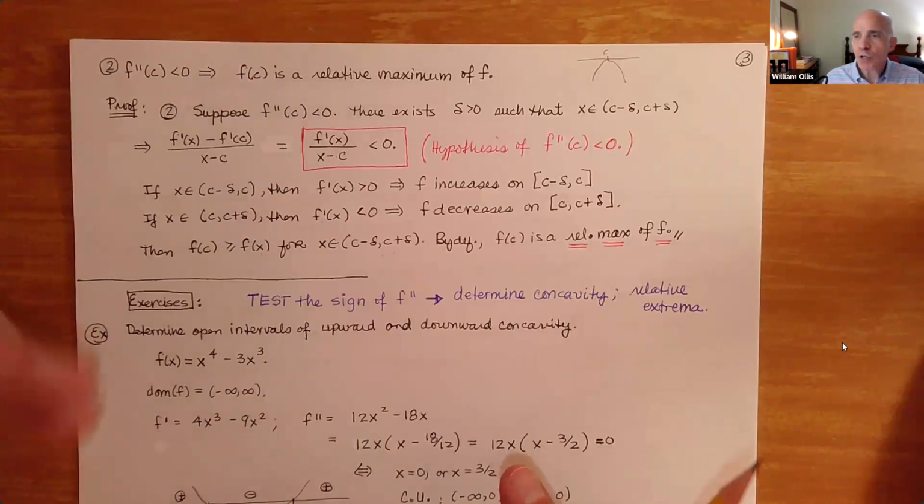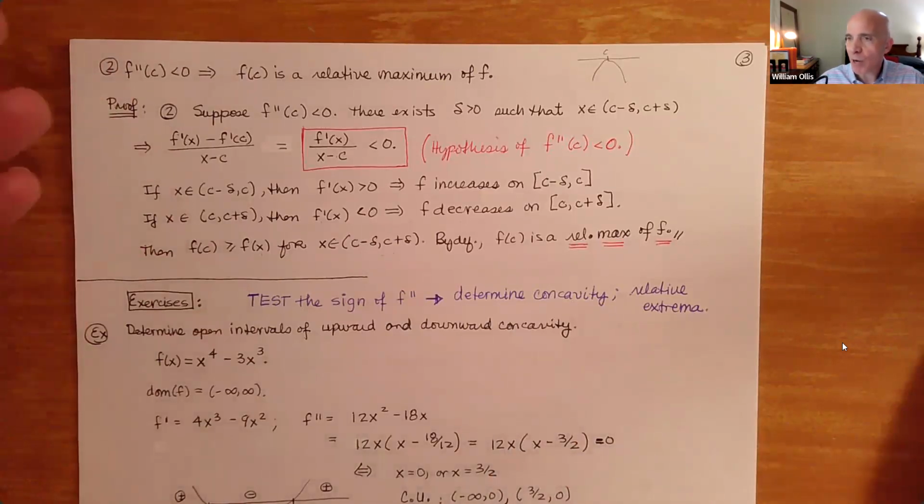Many students feel that it's fine to just take care of relative extrema using the first derivative test. But like I said before, there are many applications of higher order derivatives for extrema that can come in very handy, of course, in functions of several variables, which you will see when you get to Calculus 3.